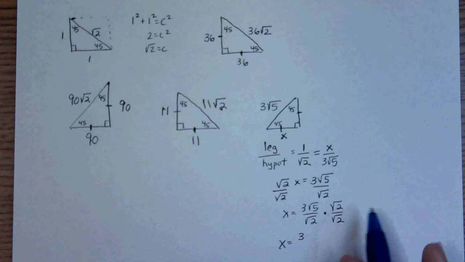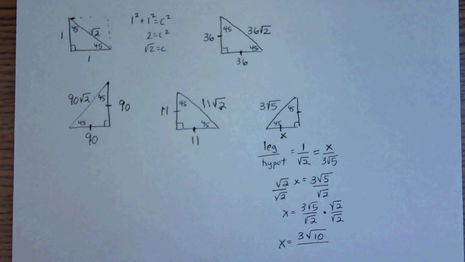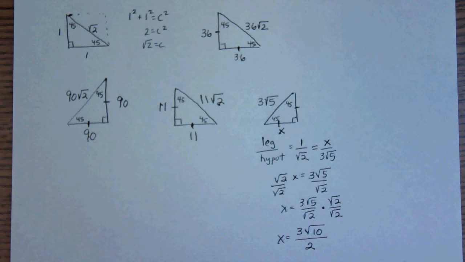The square root of 5 times the square root of 2 becomes the square root of 10. And the square root of 2 times the square root of 2 is kind of like doing a little factor tree. That becomes a 2. And now we have our 45, 45, 90 triangle. We can hopefully figure out any missing edges, and it can make our work for finding these legs in a 45, 45, 90 triangle a lot more effective.